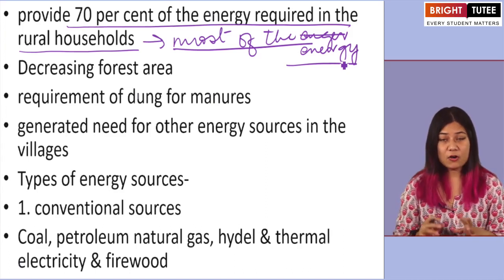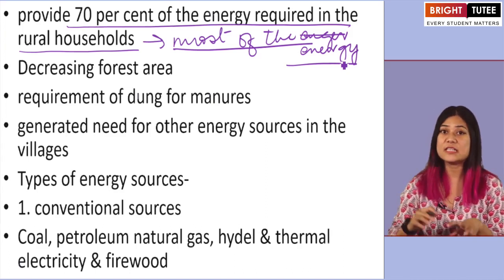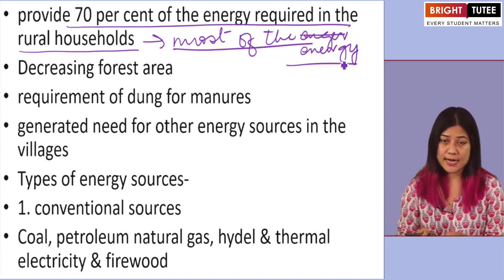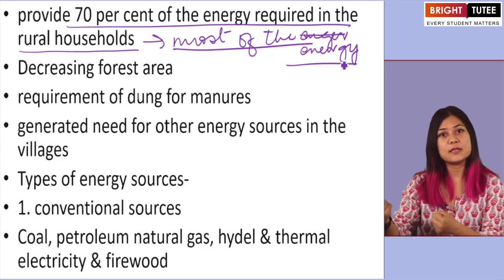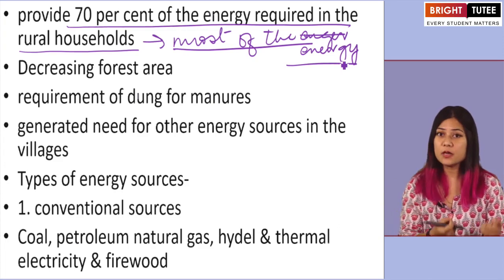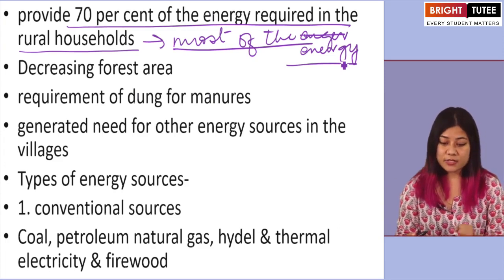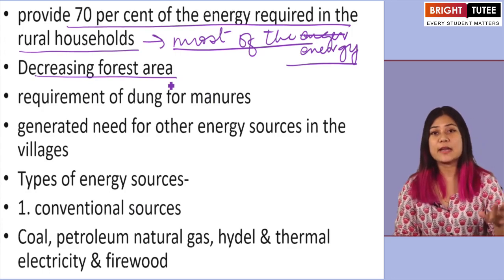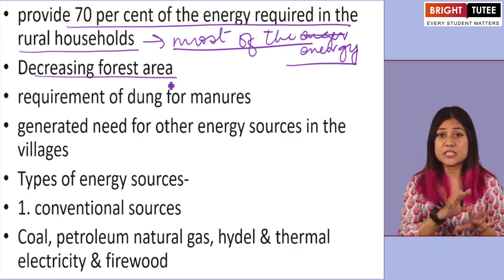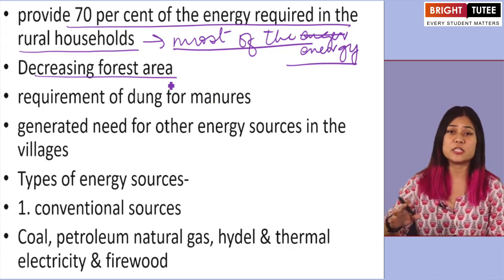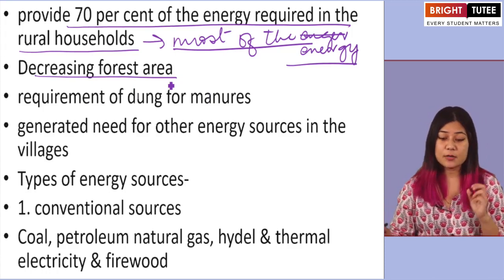Because of the use of these energy sources, cow dung and firewood, firewood is that which comes from the forests, from the woods. So as a result of the decreasing forest area, if the trees are being cut, if deforestation is increasing rapidly, then what happens?